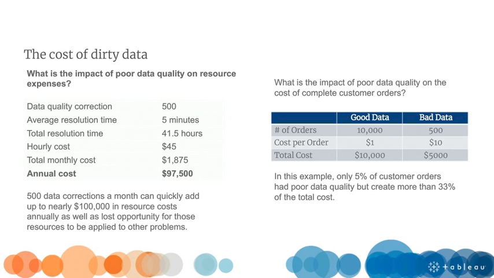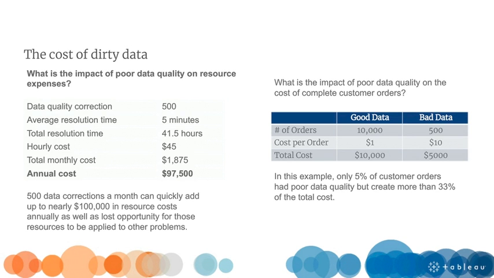So it should be in every business's interest to invest in clean data. One of our customers, Gordon Strudel from Solomon, has sat down and actually calculated how much dirty data can cost you. So let's have a look at this example. We have 500 data points that take on average 5 minutes to resolve.